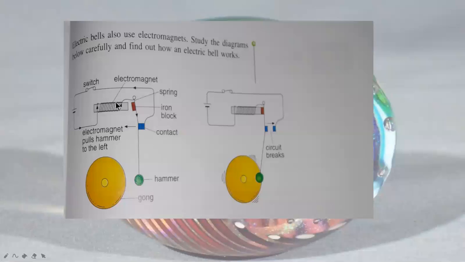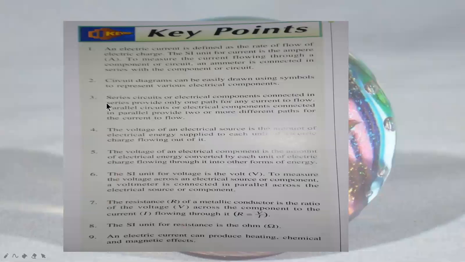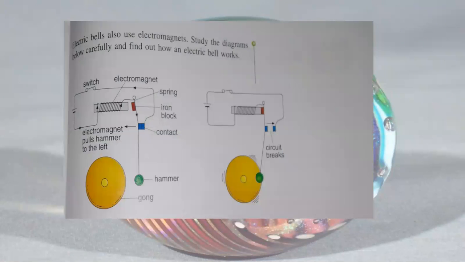This is the electromagnet. These are the wires. They are twisted around a magnet or an iron bar, and this is connected with the source of battery.